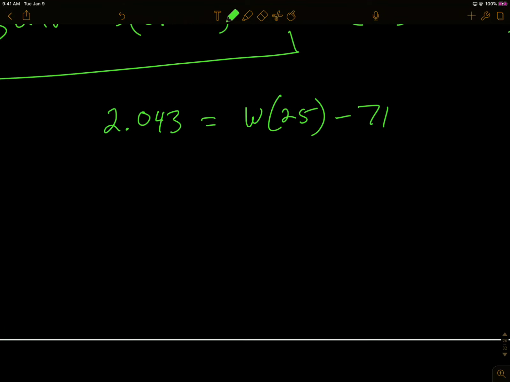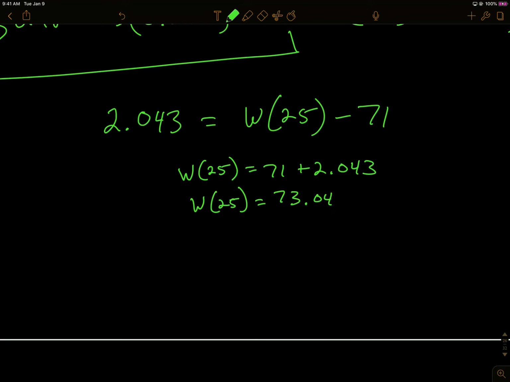So I can add 71 to both sides. So we get 73.043 degrees Fahrenheit.